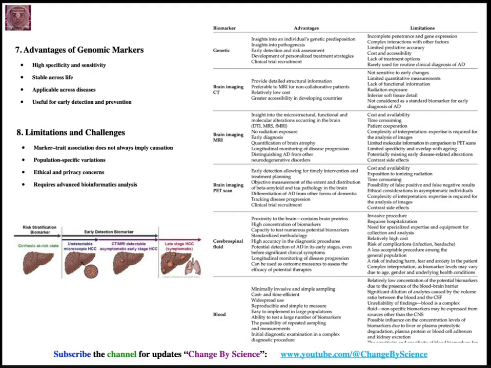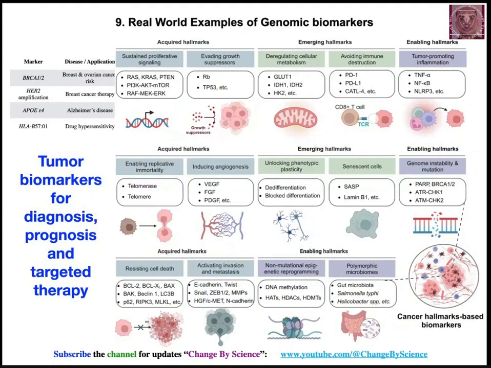Now, real world examples of genomic biomarkers. You might have heard again and again about tumor markers, but depending on the types of cancer, different tumor markers would vary. So here there is a summarized view. For example, acquired hallmarks.